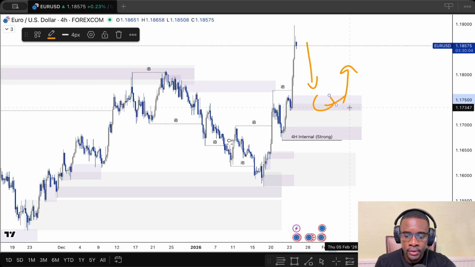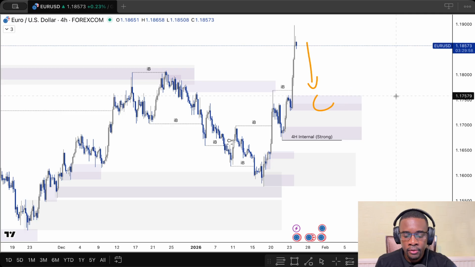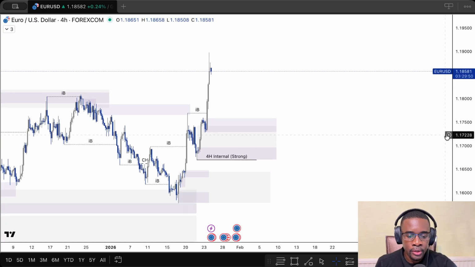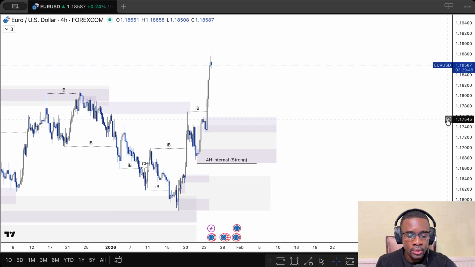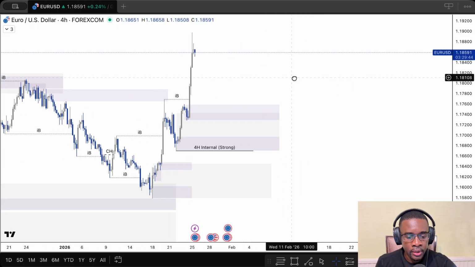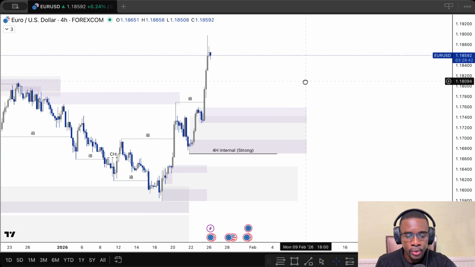If this fails, then obviously we are waiting to go long from that area. But as of now, everything is pointing to the upside, so we are only looking to buy.